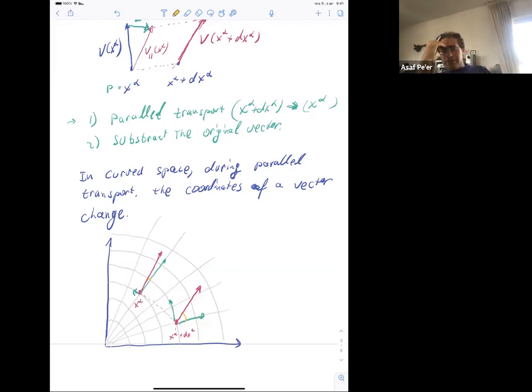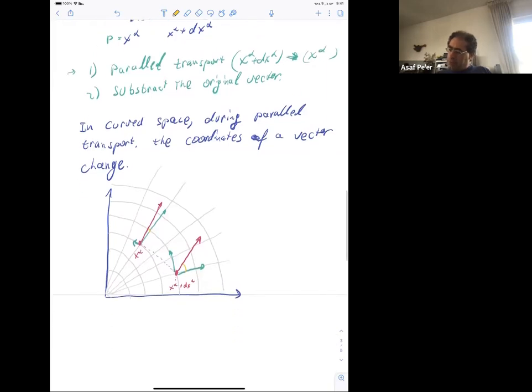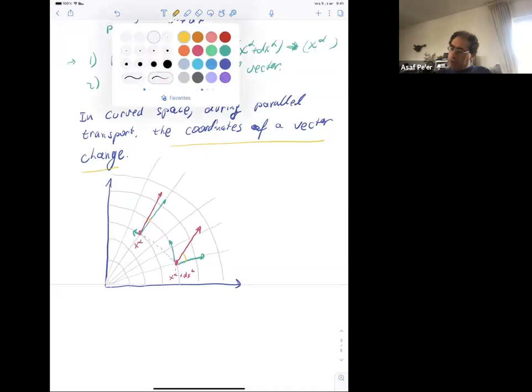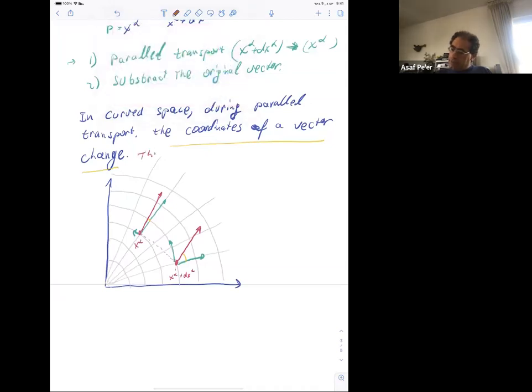This change is first order. Because we're talking about infinitesimal changes, it would be linear in the components of the vector.